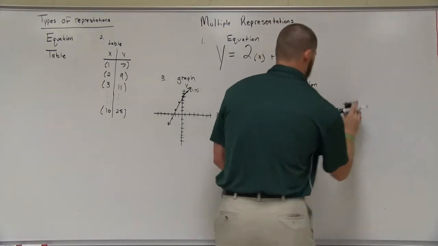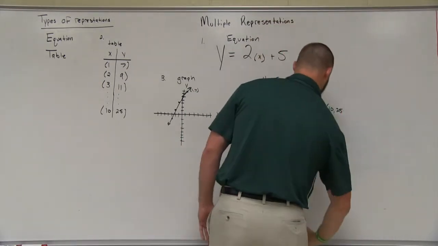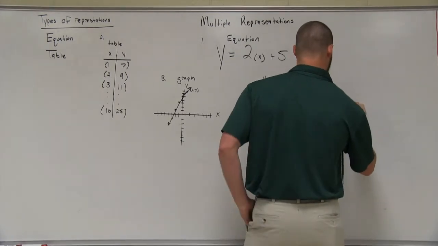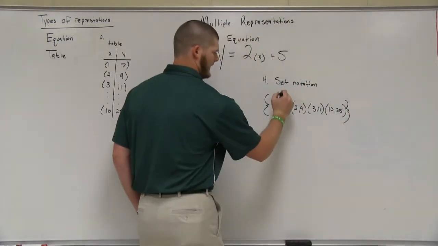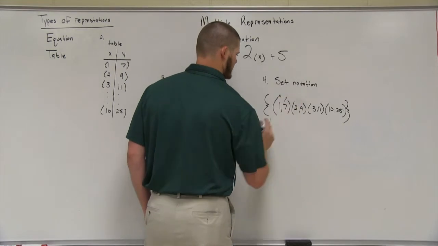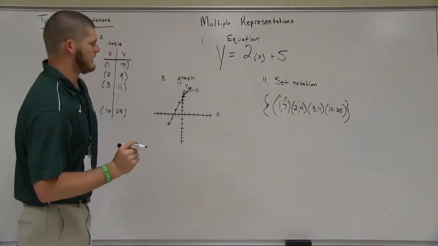This is set notation. When we're listing our plot points, our x value goes first and our y value goes second.